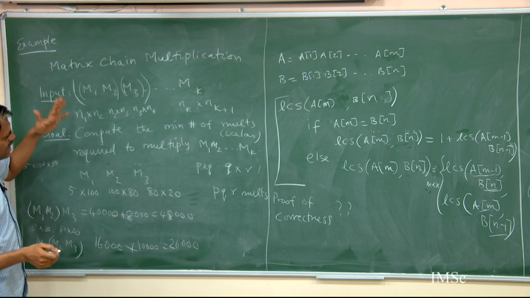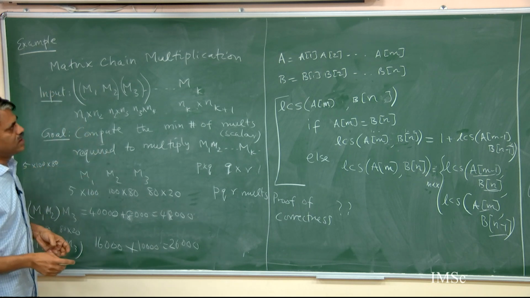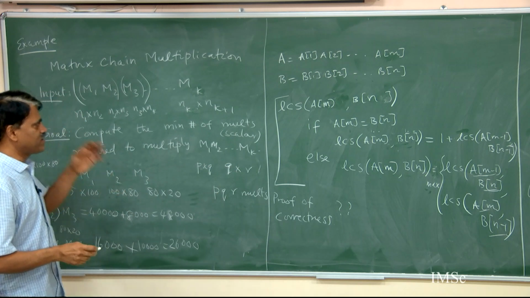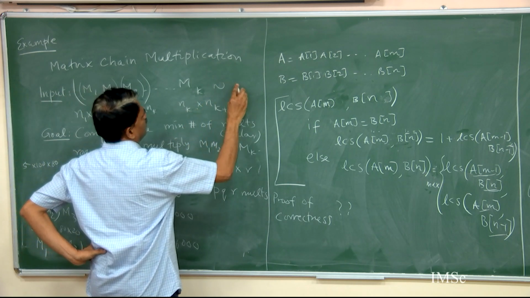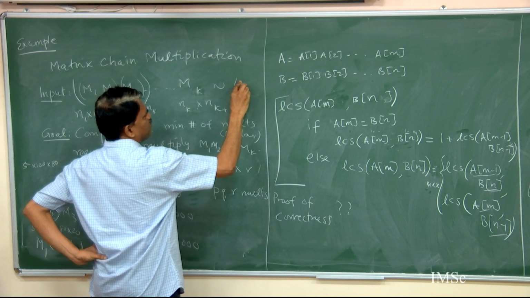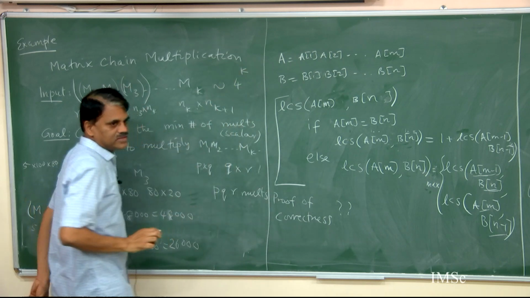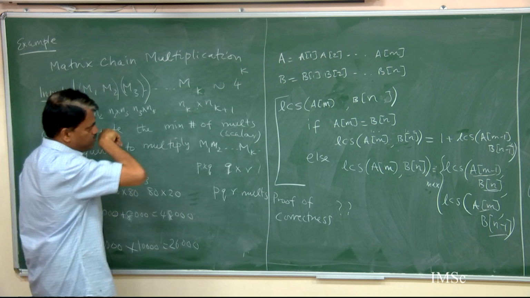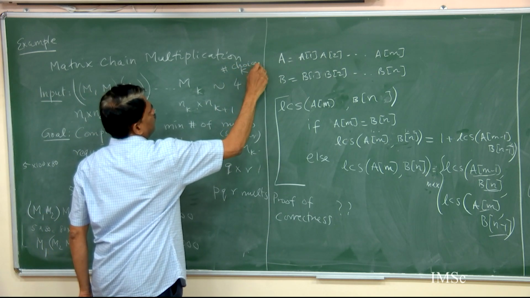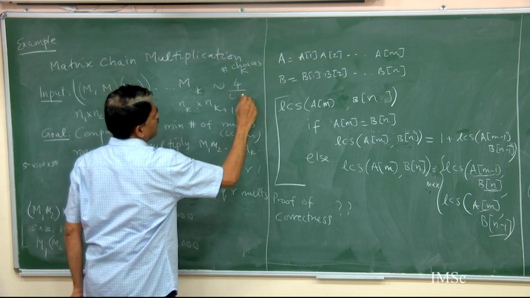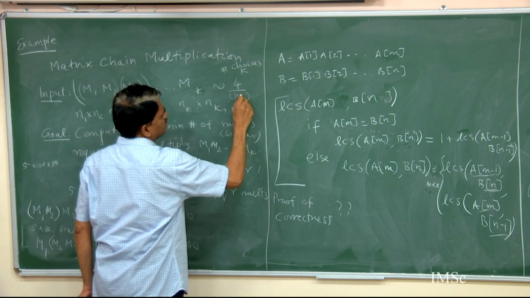You can write a recurrence and solve it, and the number of choices is roughly 4 power k by something, k plus 1. It's the Catalan number.